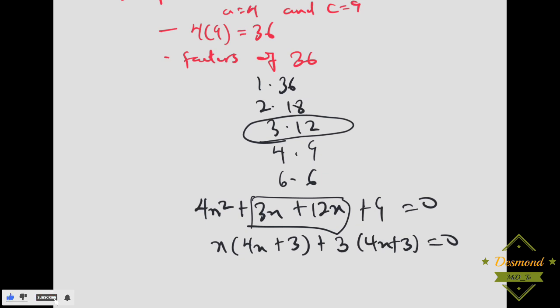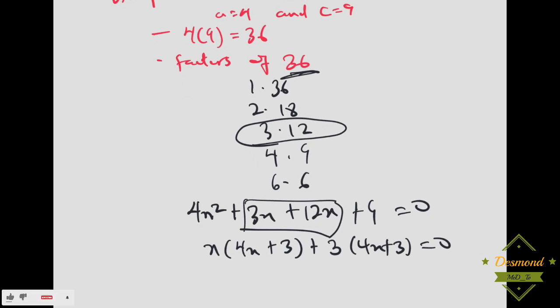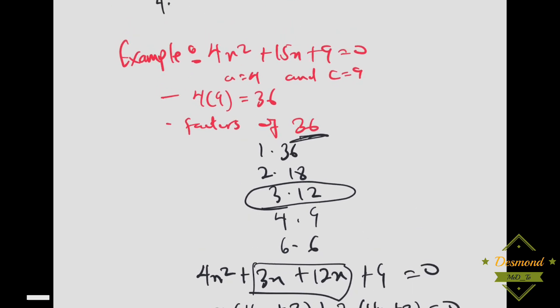So what we just did, we found the factors of 36. Then we got a pair that when we multiply gives 36, and when we add gives 15, which is the b term. Then we replace that. At the beginning, we had 15x, right?